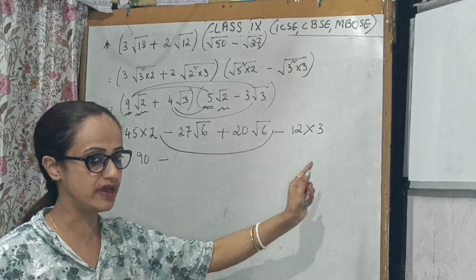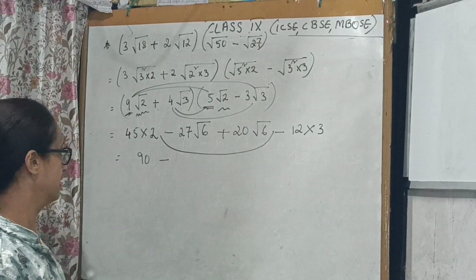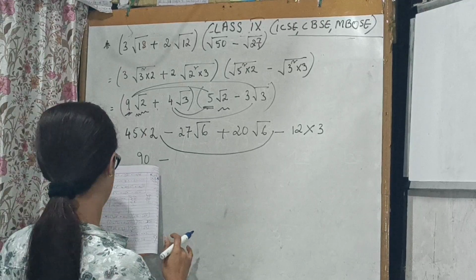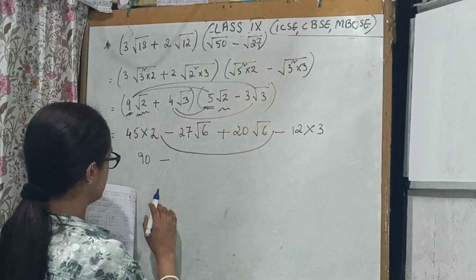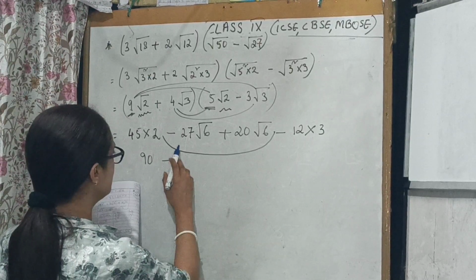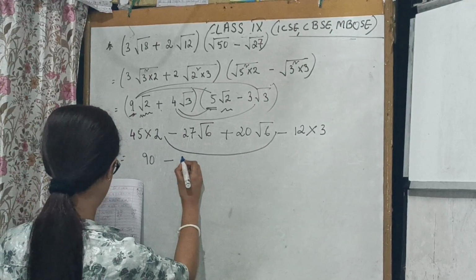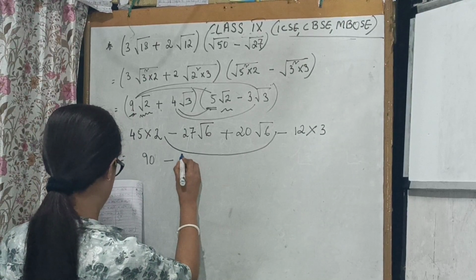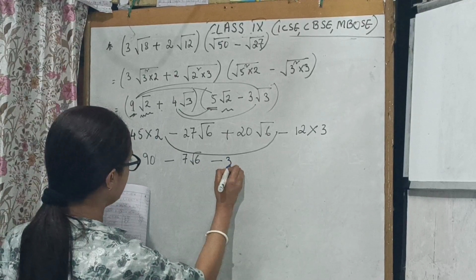This also has a square root of 6. So we can add or subtract out here on the numbers. Only the numbers और जो root है just चिपका देना है. Okay? So what do you have here? 27 minus 27 and plus 20. So that gives you minus 7 root 6. And there you have 36.